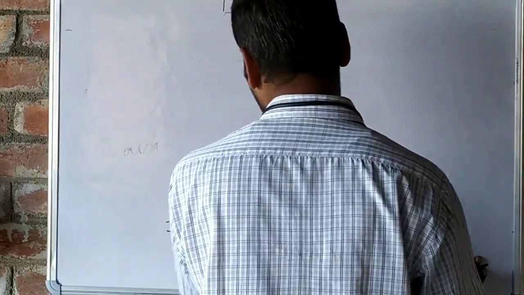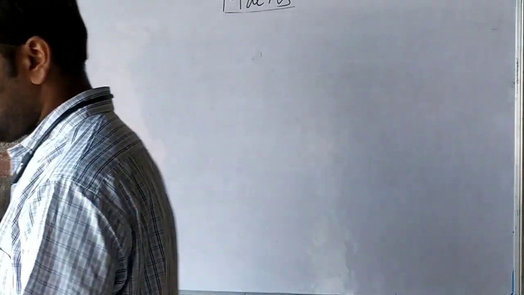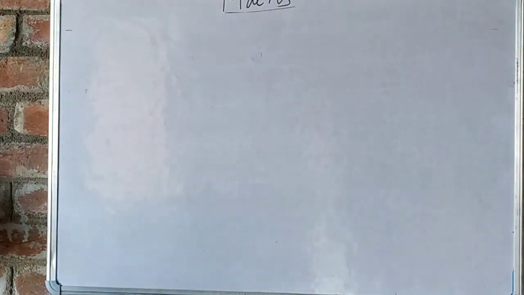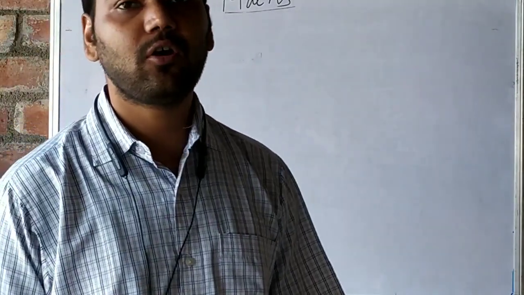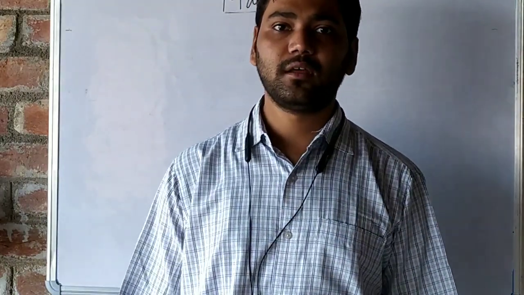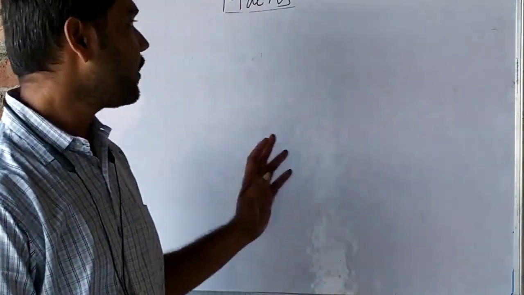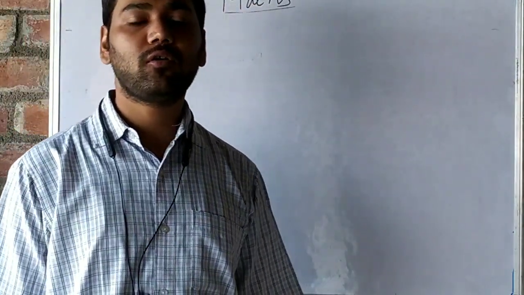Now, the divisibility of 8, 9 and 10 we will study in our next lecture. So 8, 9, 10 and 11. Till here I have explained what you all have to do.